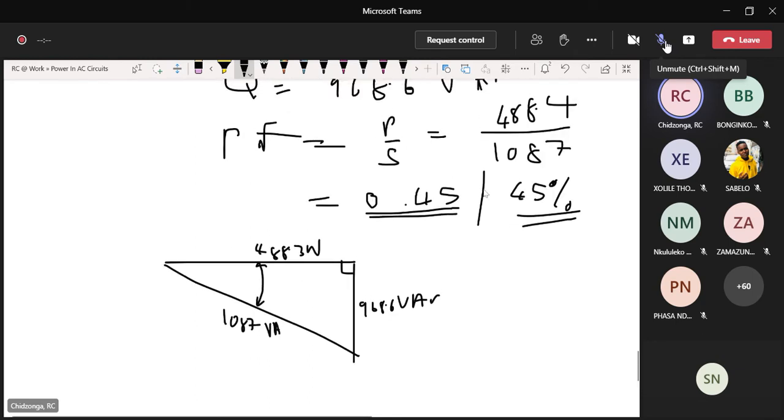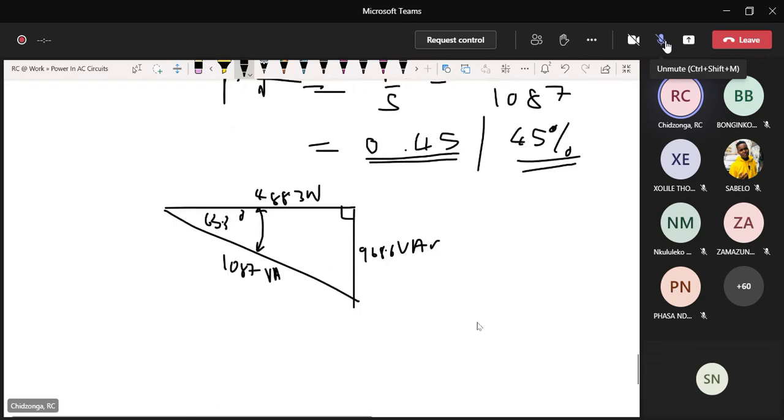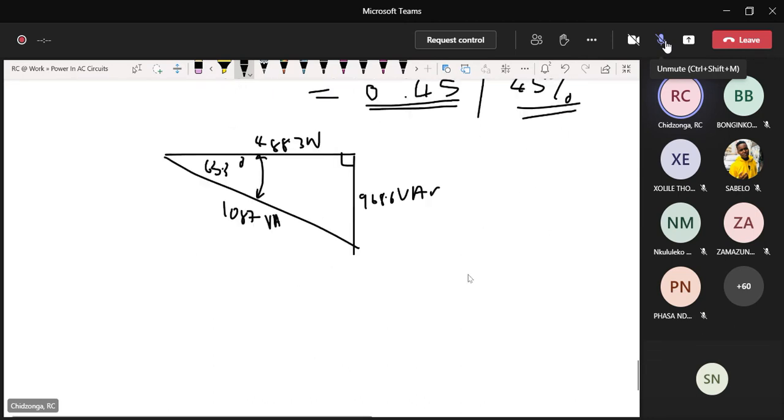I'll simply take the arc cosine of 0.45. That will be about 63.3 degrees, the same angle we have here. That is the power angle.